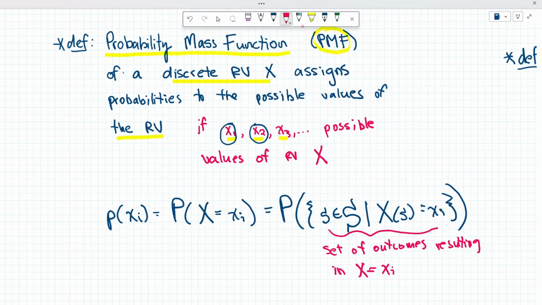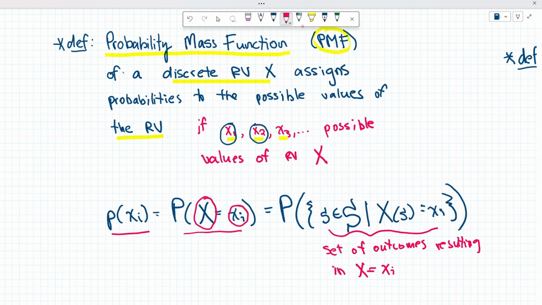Just note that this notation over here, p of xi, is the shorthand for this one. You often won't see this large one at the end, but I just want you to have that in your book so you can really see that we're looking at specific values within a larger set, and you can see the full notation. It represents the probability of the event that the random variable, big X, equals our specific outcome, xi.